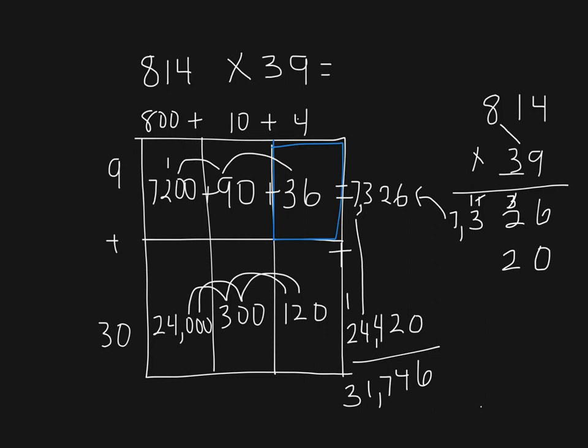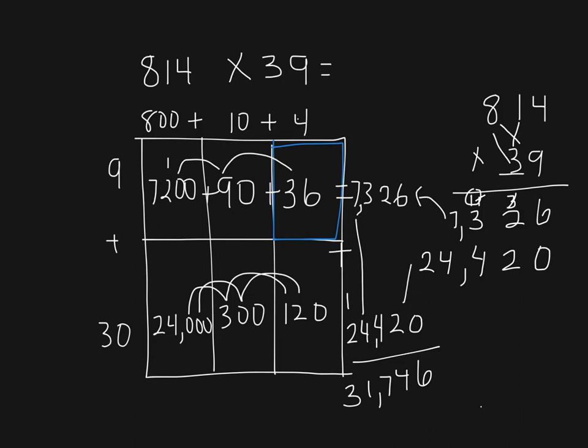And then I move on to 3 tens times 110, which is going to give me 3 hundreds, and I've got this 100 that I carried over from my last operation, so I have a total of 4 hundreds now. And then last but not least, I'll multiply 3 tens times 8 hundreds, which is going to give me 24, and tens times hundreds is thousands, so it should be 24,000.